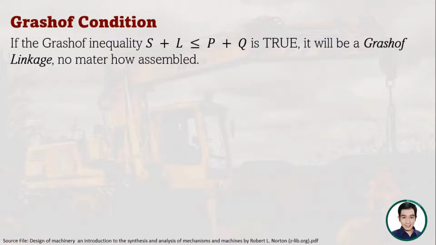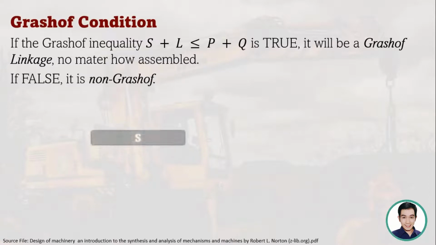So as long as this condition is met, it is considered a Grashof linkage. If it is false, then it is a non-Grashof linkage.